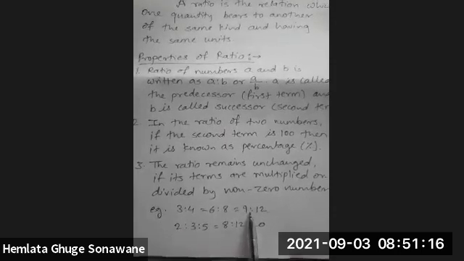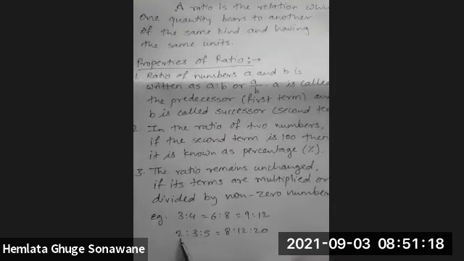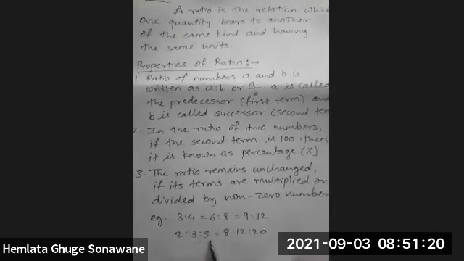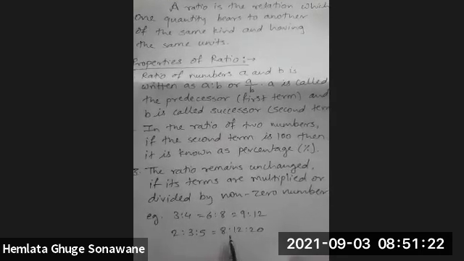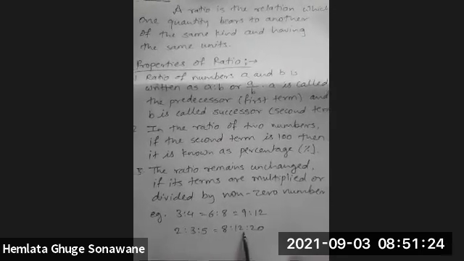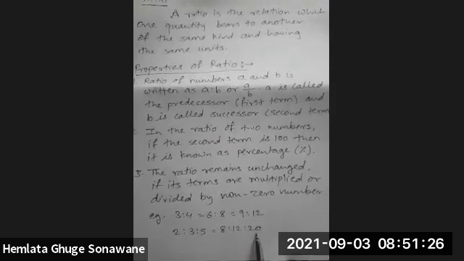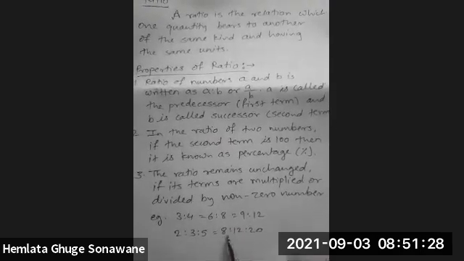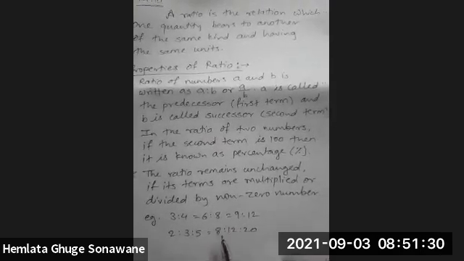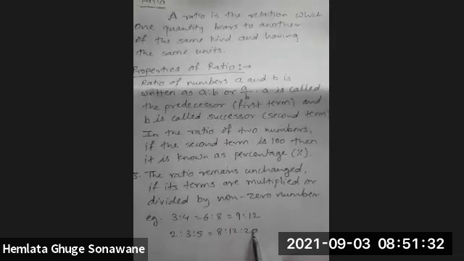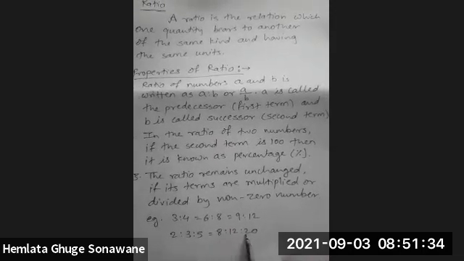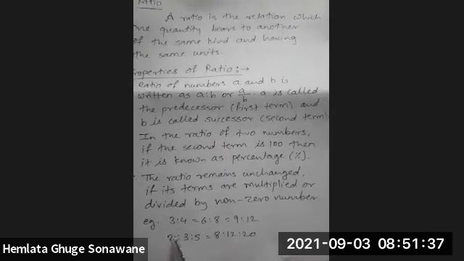Next example, 2 is to 3 is to 5, that is equal to 8 is to 12 is to 20. If we simplify these terms, we will get the ratio as 2 is to 3 is to 5. That is, these terms are multiples of 2, 3 and 5.